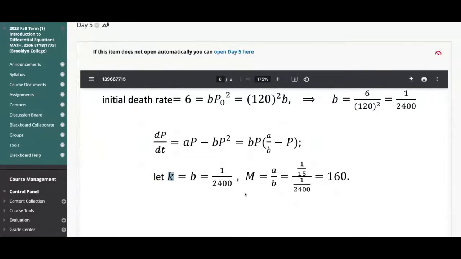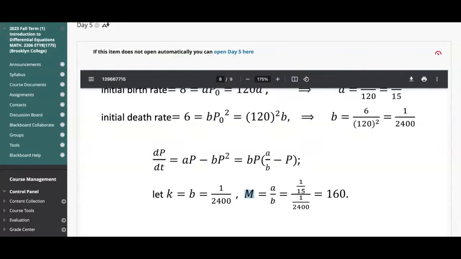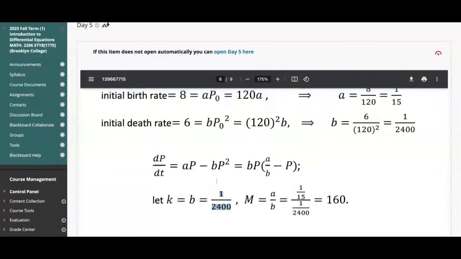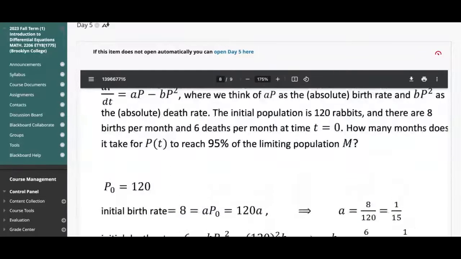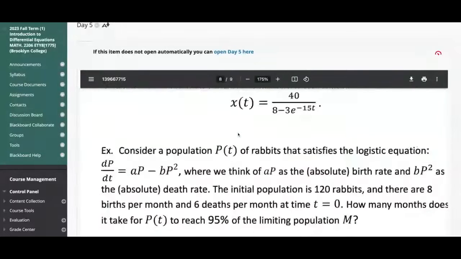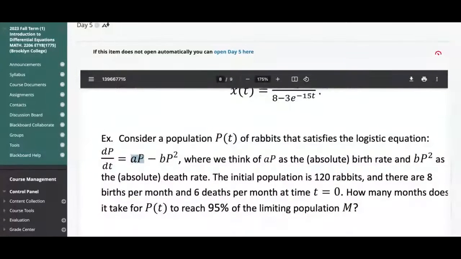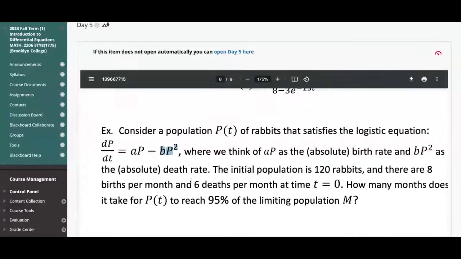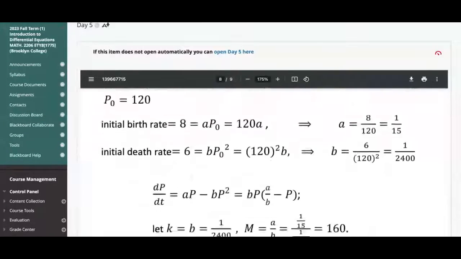And also the K and M. K is the initial birth rate, the constant for the birth rate, right? Remember this represents the birth rate function, AP, and BP squared, the death rate function.